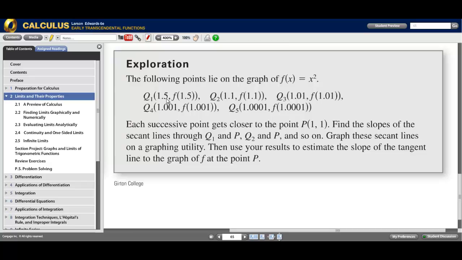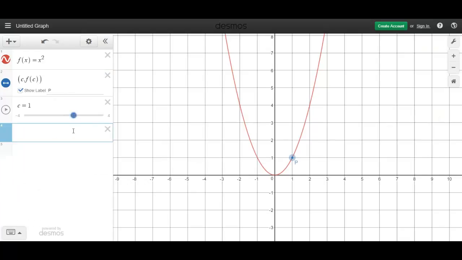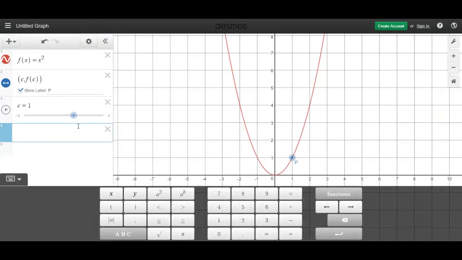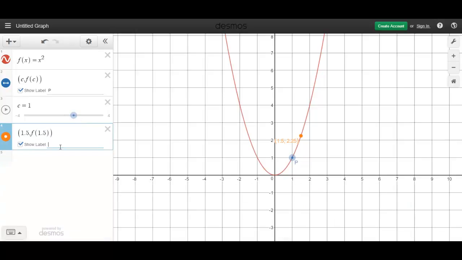Let's just plot these points. So we want to plot Q1, which is (1.5, f of 1.5). So let's go over here and add a point. We're going to say (1.5, f of 1.5). And there's the point. Let's label it Q1.